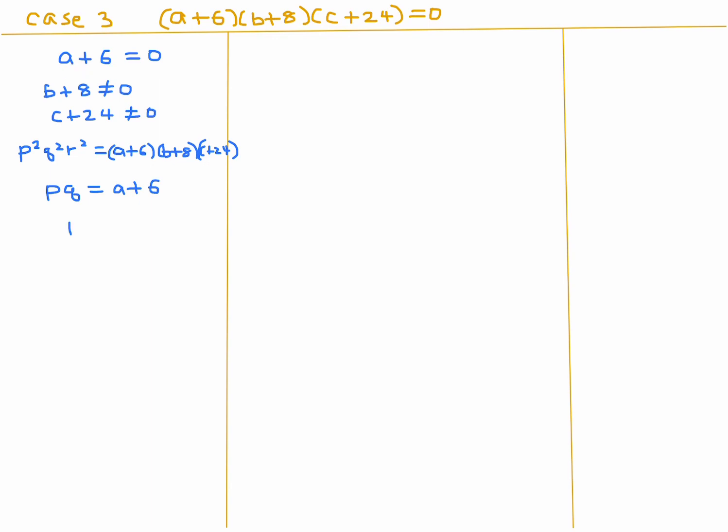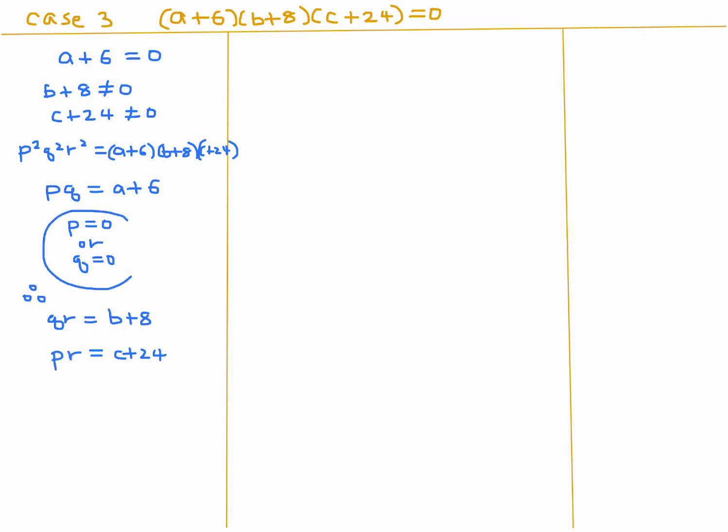So if that's 0, that means either p is 0 or q is 0. Correct? So therefore, we have to look at these two. And b plus 8, if we recall, that was equal to qr. And c plus 24, that was equal to pr.